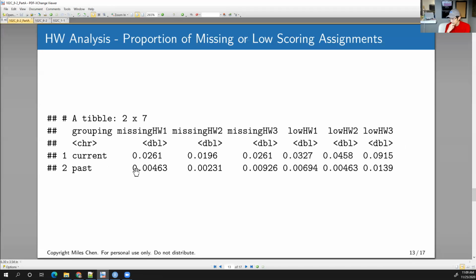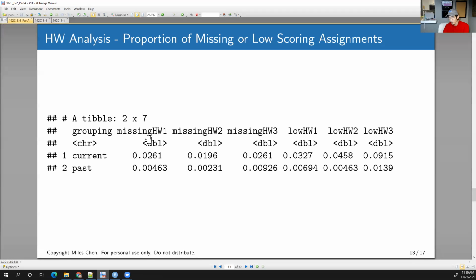Okay, and there's quite a big difference between this current year and previous years. So in previous years, generally, almost all of these values are less than 1%. As far as who was missing homework 1, about 1/2 of 1% were missing homework 1.